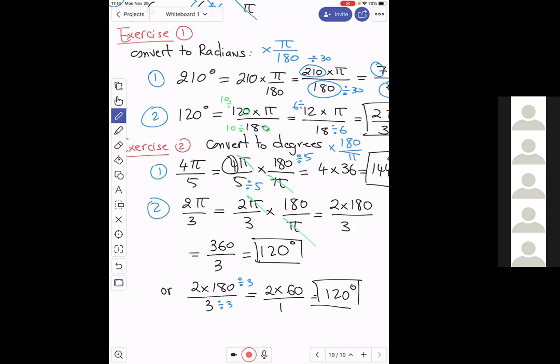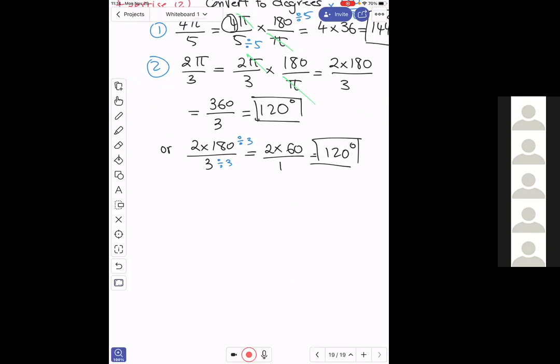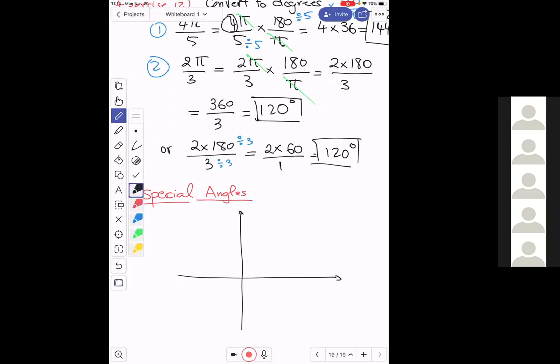Now, if you have a circle, there are some special angles. You can divide your angle.